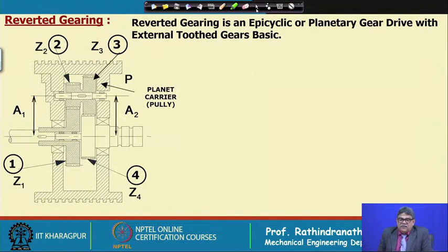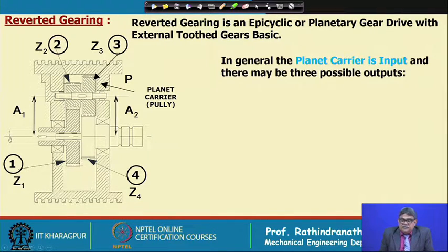Now, it is an epicyclic or planetary gear drive with external toothed gears. And in general, the planet carrier is input, and there may be 3 possible outputs.